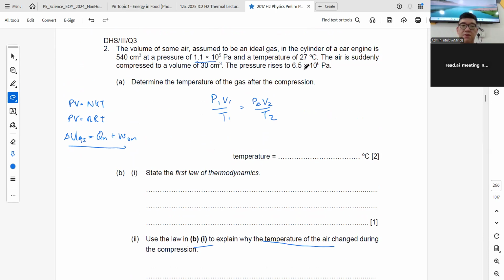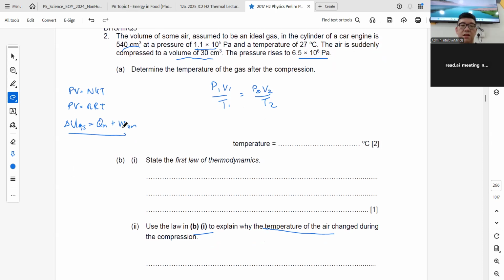You have work done, change in volume. There's work done here because of change in pressure and the volume.